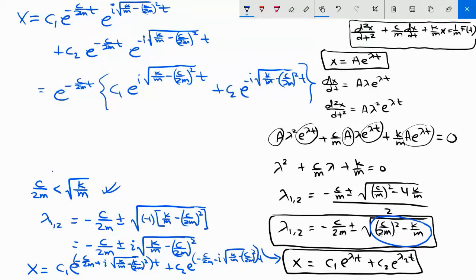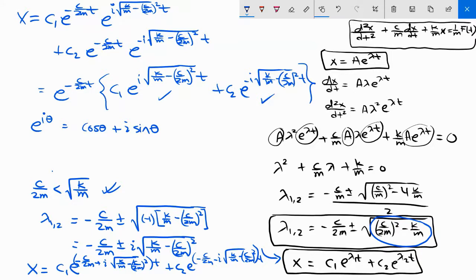Now at this point we need to recall the definition of e to the power i theta. This is equal to cosine theta plus i sine theta. So if we substitute e to the power i theta by cosine theta plus i sine theta, then we will get a combination of cosine and sine here and a combination of cosine and sine here.